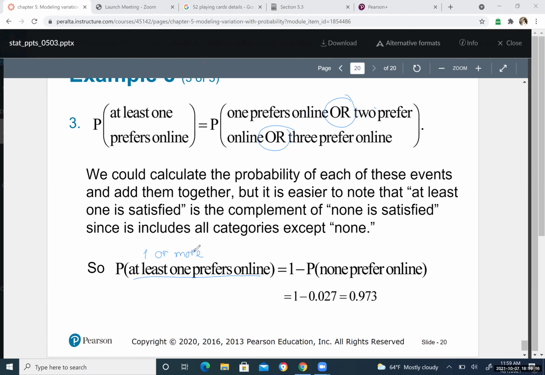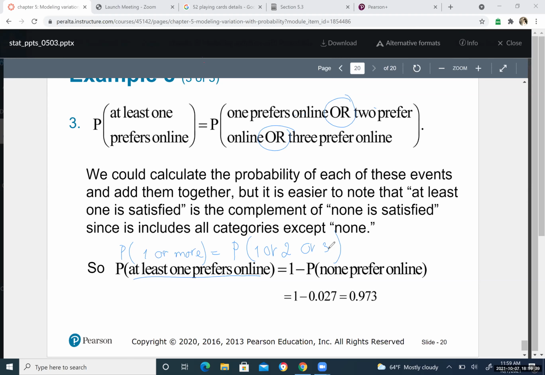Because we're just talking about 3 consumers. So 1 or more, in other words, will be 1 likes to shop online, or 2 like to shop online, or 3 like to shop online. Understand? Because we only have 3 consumers, that will be the case.